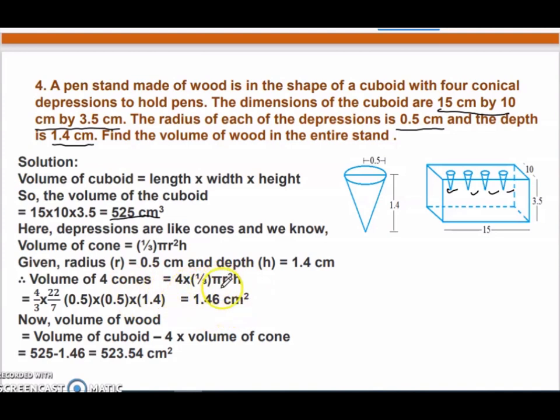So that will be 4 into 1 by 3 pi r square h, which is 1.46 centimeter cube. And volume of the wood will be volume of cuboid minus the volume of these 4 conical depressions which you have calculated. When you subtract, you will get 523.54 centimeter cube. This will be the volume.